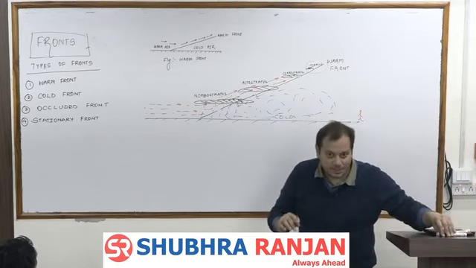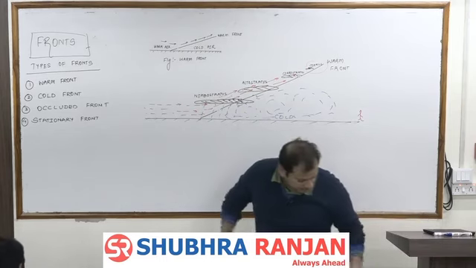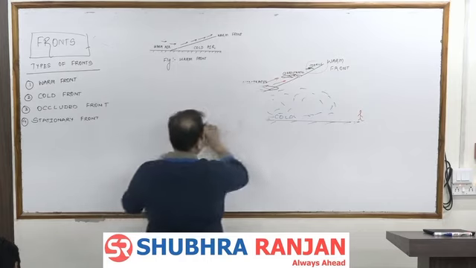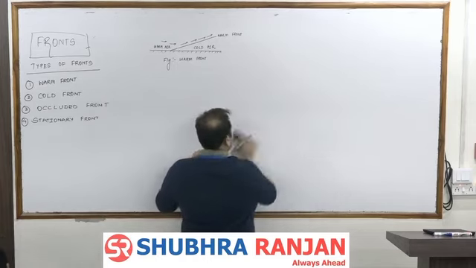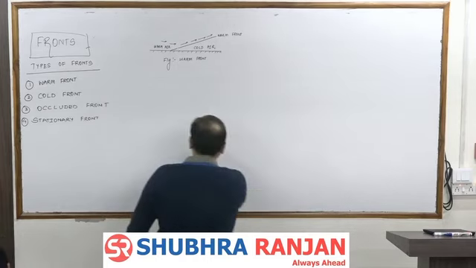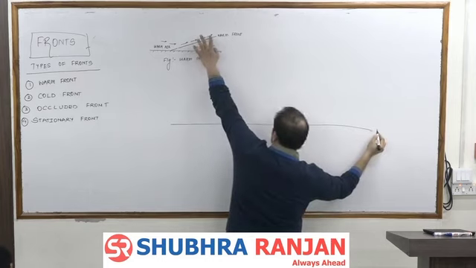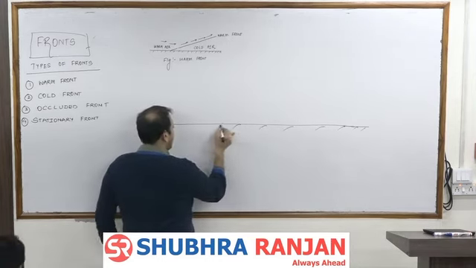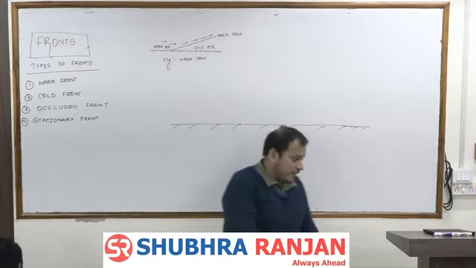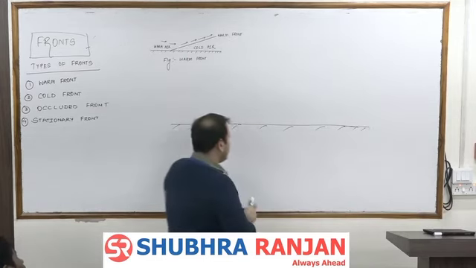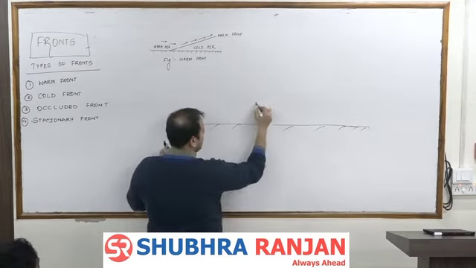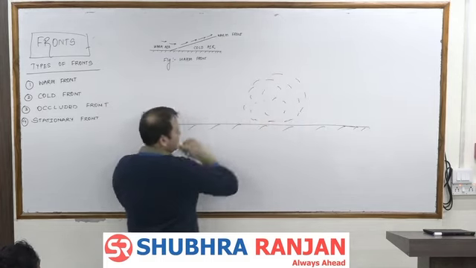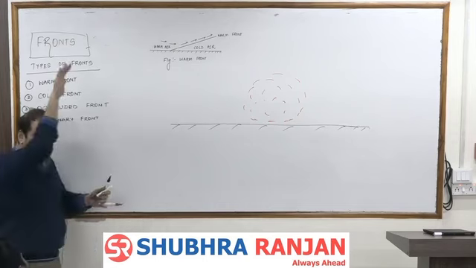Now understand what a cold front is. Can I rub this diagram? So what will the cold front be? We have a diagram for reference of a warm front. The cold air is active and it enters the territory of which air? Warm air. We will draw the height of the warm air more in our reference diagram because it is lighter.